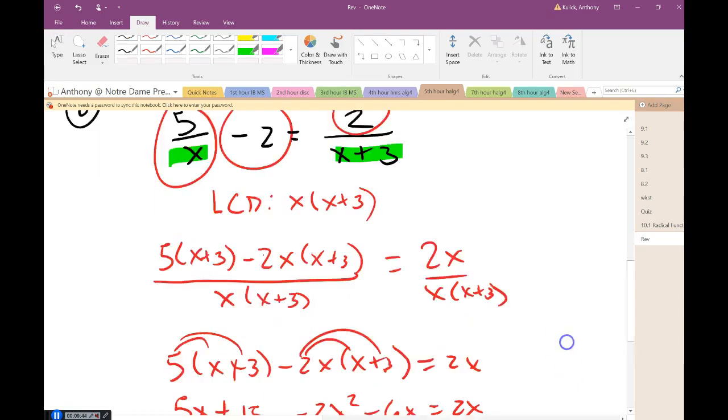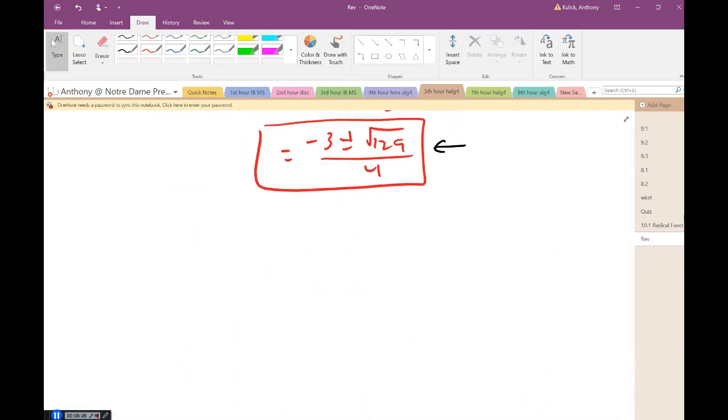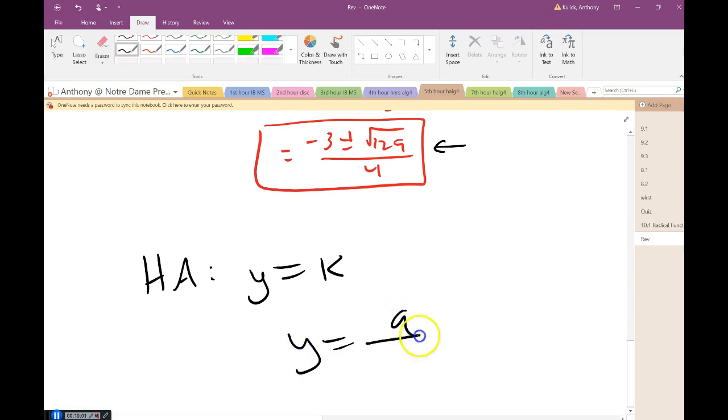Nathan? Yeah, so number 9 and 10, I understood everything. I didn't understand number 9. It's just y equals k. So simple rational functions are in this form.